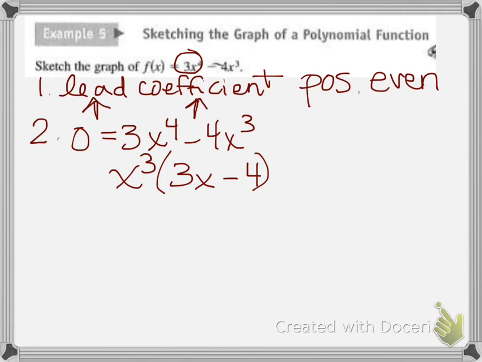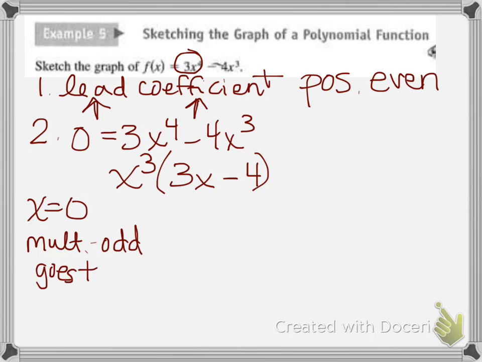From this, we can see that x equals 0. What's the multiplicity? Even or odd? Odd. When it's an odd multiplicity, do you remember if it goes through or if it touches and turns? Okay, so it goes through when it's an odd multiplicity.